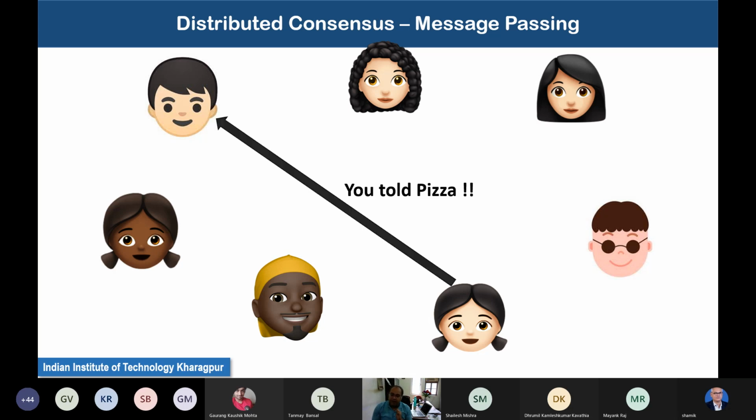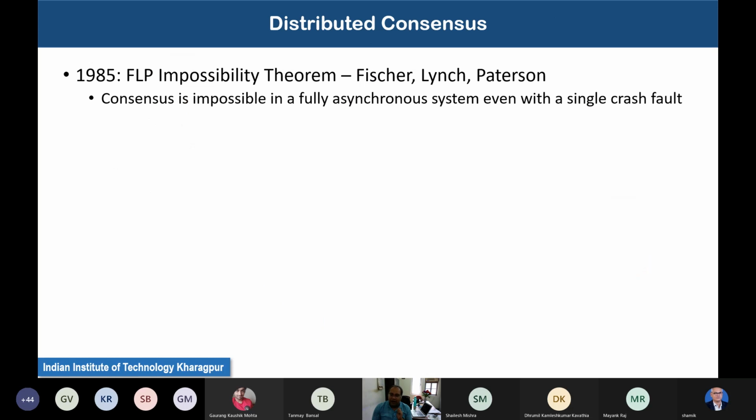So what the FLP impossibility theorem says is that even with a single crash fault in an asynchronous system, consensus is impossible. They have given a formal proof; I am trying to explain it logically. In an asynchronous system, because you do not have any bound on the time by when you are going to receive the message, every message can see arbitrary delay.